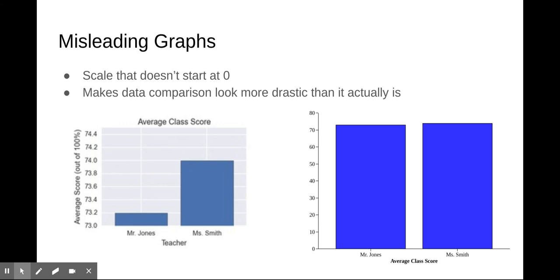So a lot of times when people want to show a really big difference, they will make sure that they only focus on one part of the graph and their scale won't start at 0. So here, one starts at 0, the other starts at 73. And if we focus just on the top of those bars, cut the rest of the graph off, we can make it look like there's a very big difference. So those are misleading graphs. They're inaccurate and we should not use them.